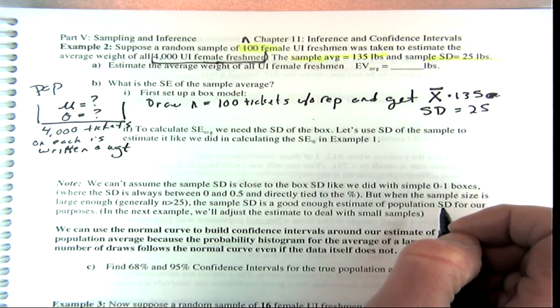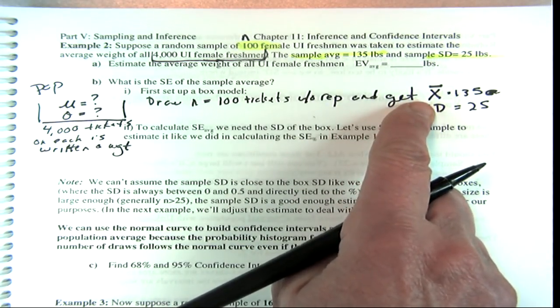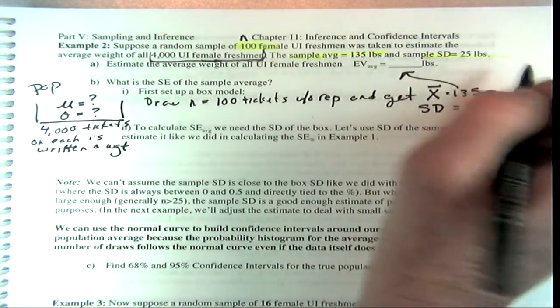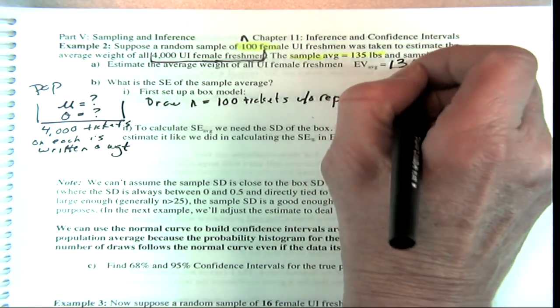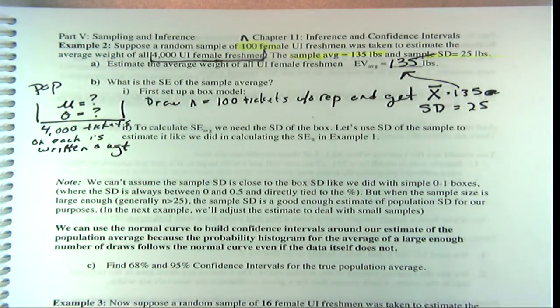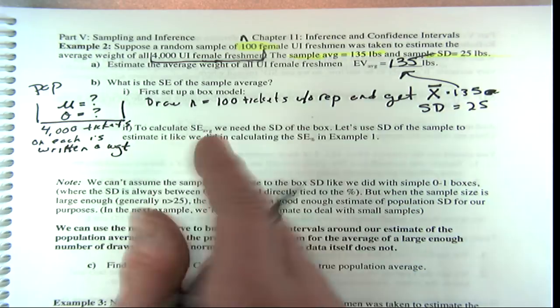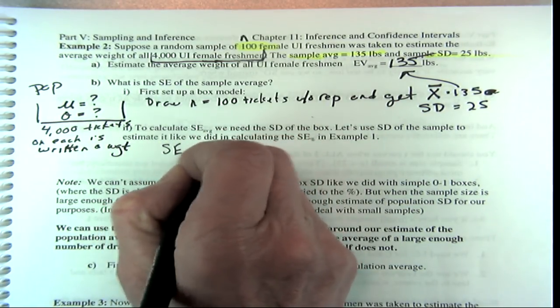Now, we're going to estimate the average weight of all of them using this. This is going to be 135. That's our estimate, okay? And then to calculate the standard error of the average, what do we need? Remember, the standard error of the average is just like for the percent.